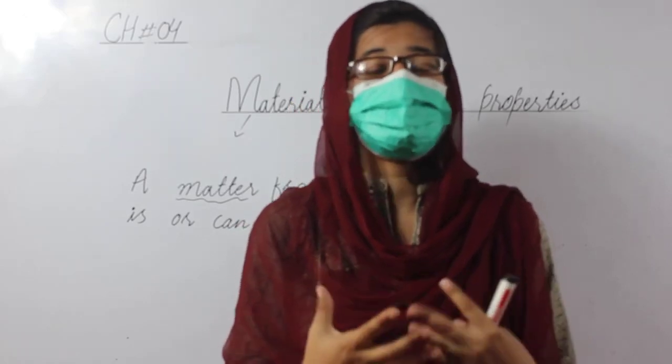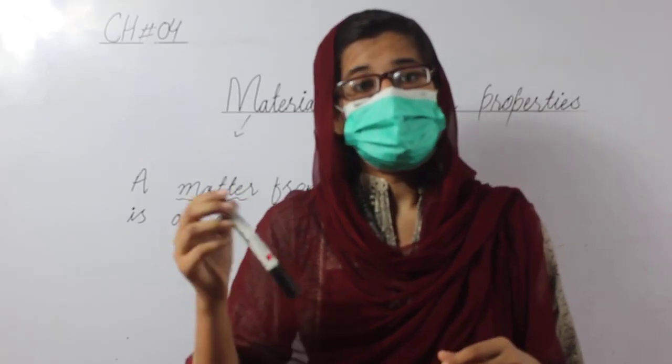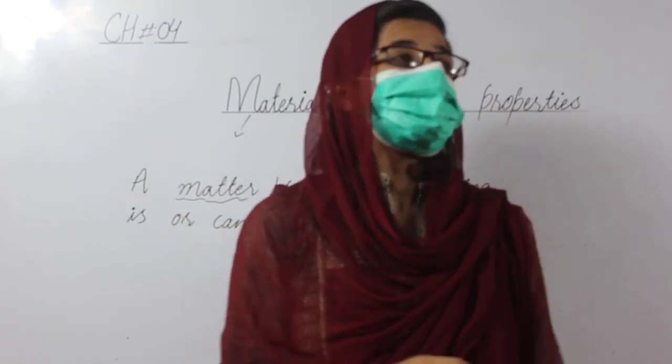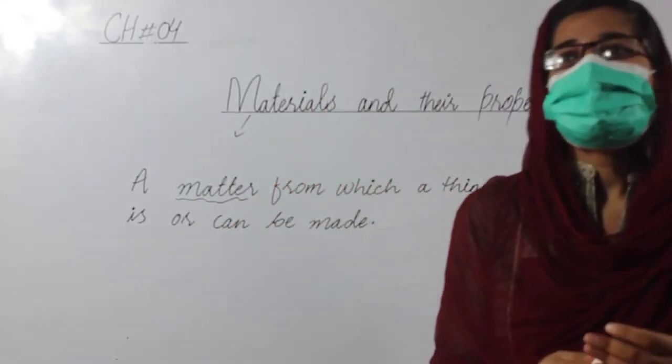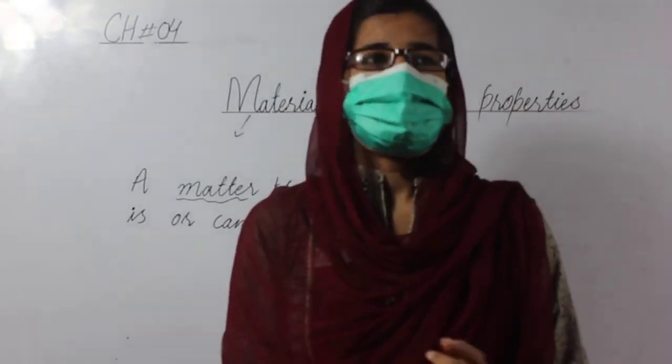For example, we are also made from different materials and we are alive. We are living. And a board marker is a non-living thing because it's not alive. So materials can be living or non-living. Also, new material can be made from raw material.